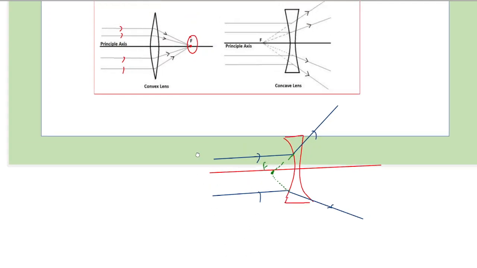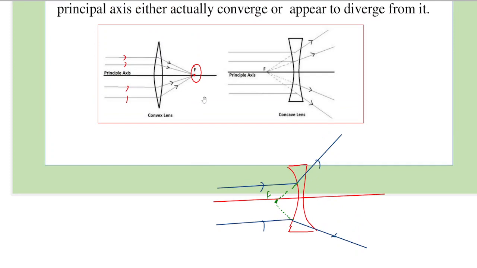So it can be a point where light rays actually converge, in the case of a convex lens, or a point where light rays appear to diverge. That is, if you see from this side, you find that these light rays are coming from a point. So that point is called the focus.